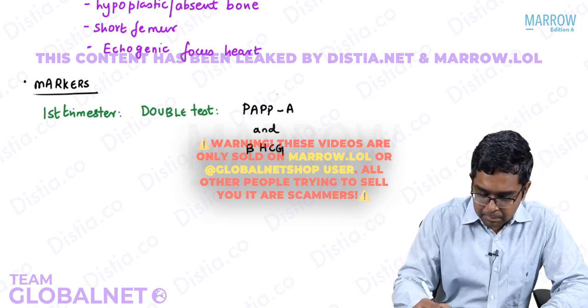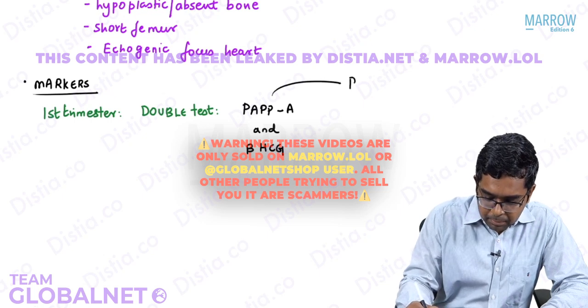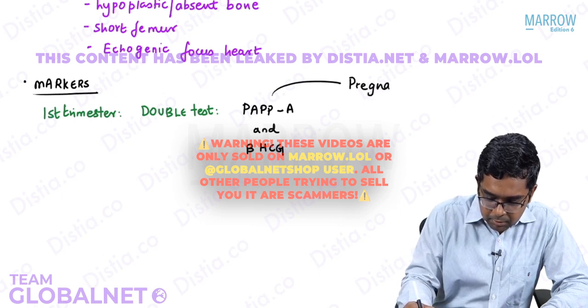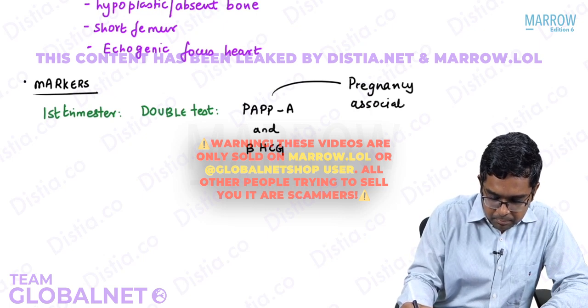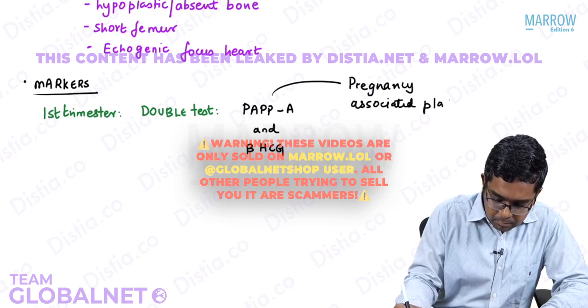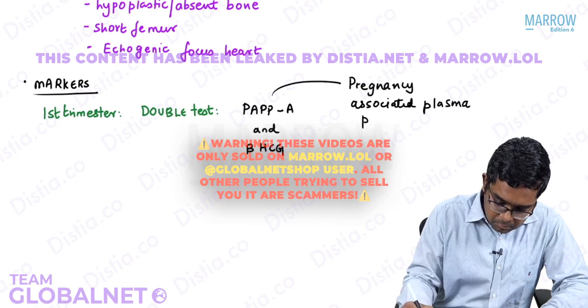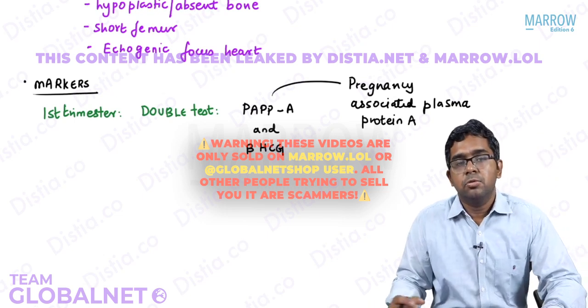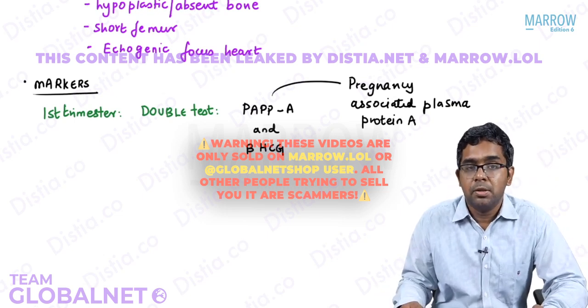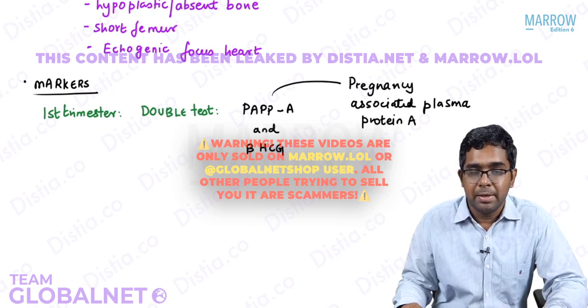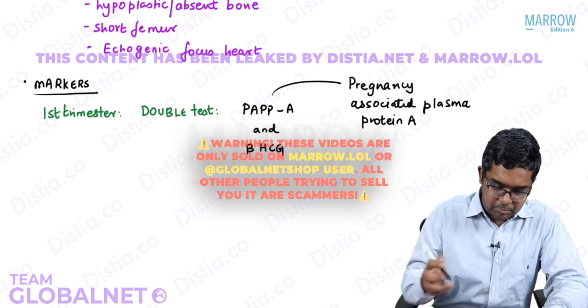PAP-A is an expansion for pregnancy associated plasma protein A. Beta HCG, most of you must know it. HCG is human chorionic gonadotropin. The combination of these two is what we call the double test, usually done in the first trimester.